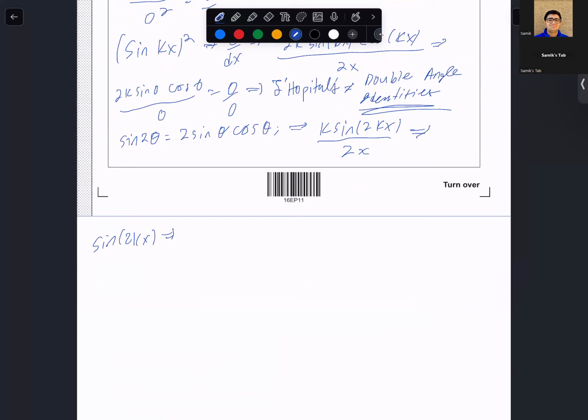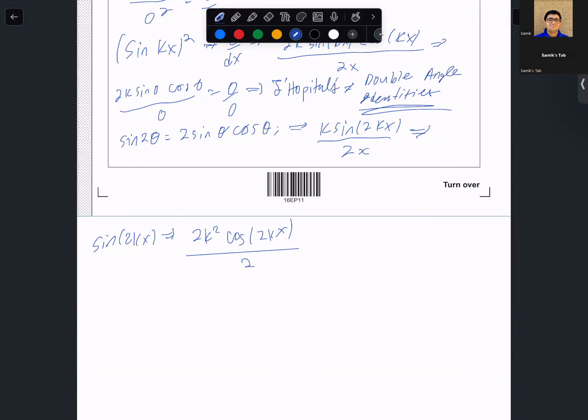So 2k, so we have 2k squared now. And then we have the chain rule, which is the derivative of the sine of 2kx, which is simply cos of 2kx, right? And then what's the derivative of the denominator? It's just 2. So that's it. So 2k squared cos of 2kx upon 2, right?